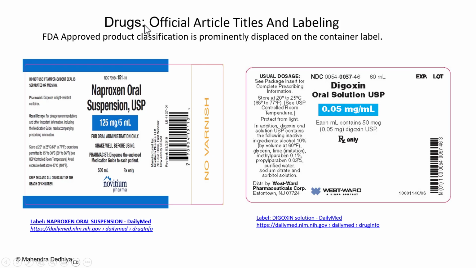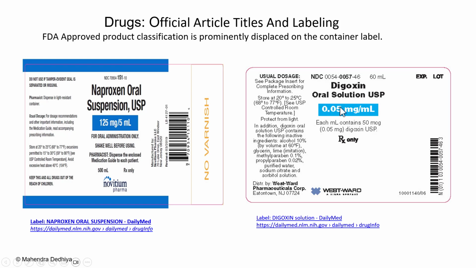In addition to that, pharmaceutical drug require clear labeling. FDA approves that labeling, and classification of the liquid product currently displayed on the container label. Example here is naproxen oral suspension USP, and it clearly states it's a suspension for oral use.